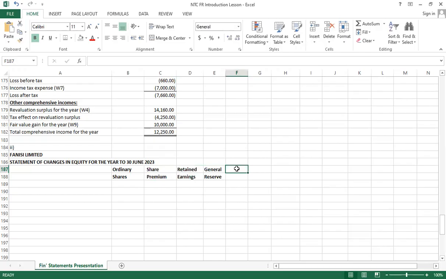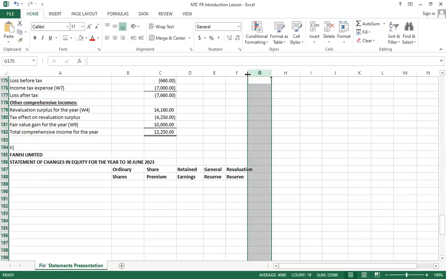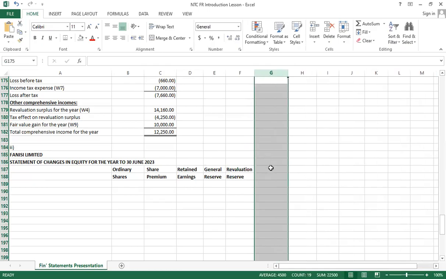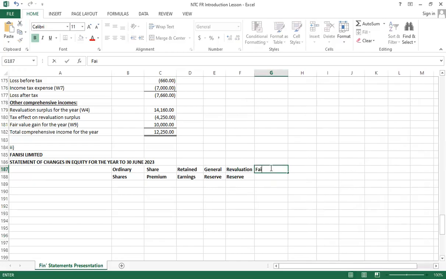But then as per the workings, because of the revaluation surplus, we have the revaluation reserve, the ones on PPE. And then we have also seen that we have the fair value gain reserve.